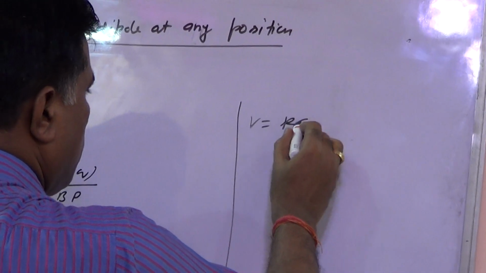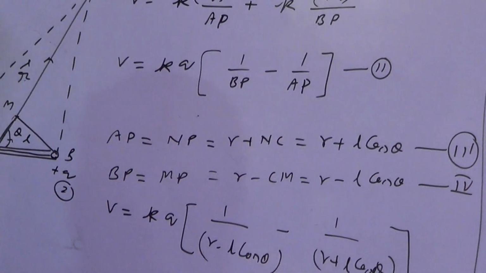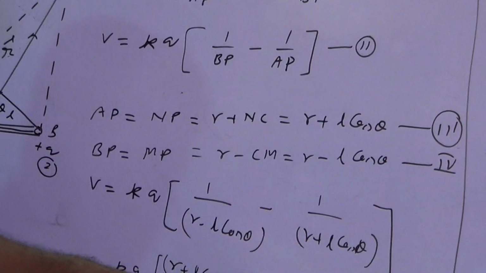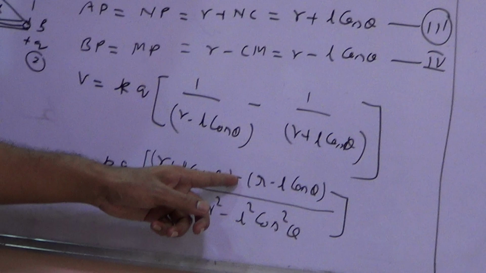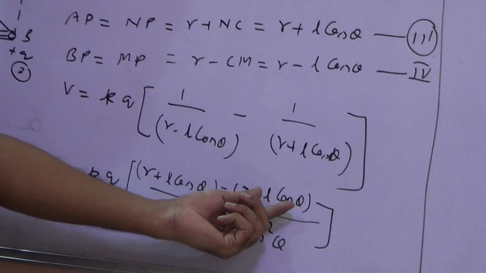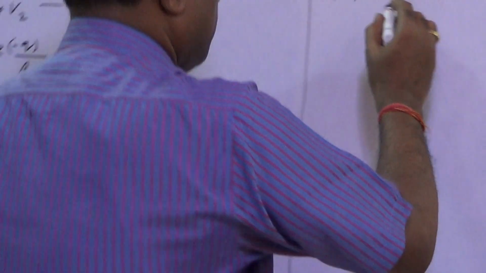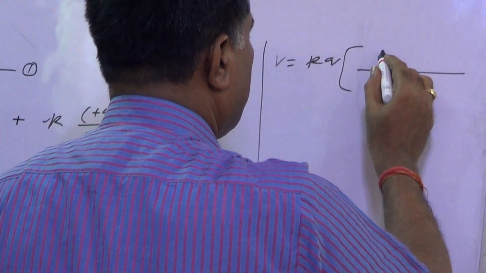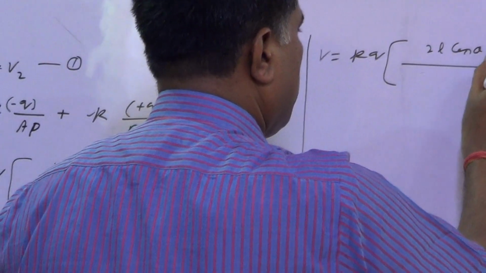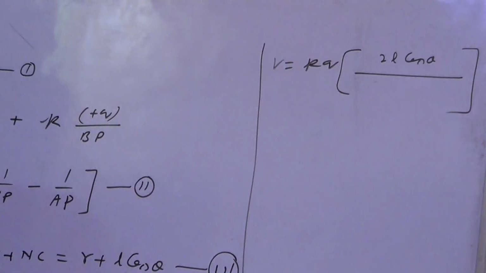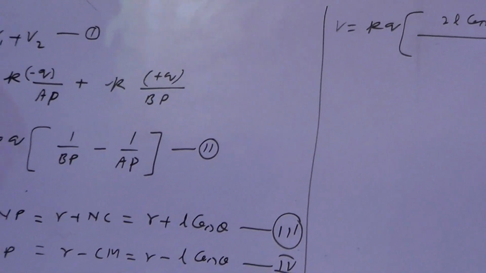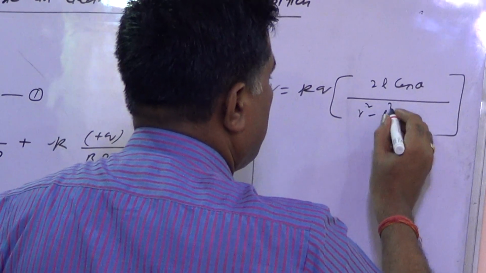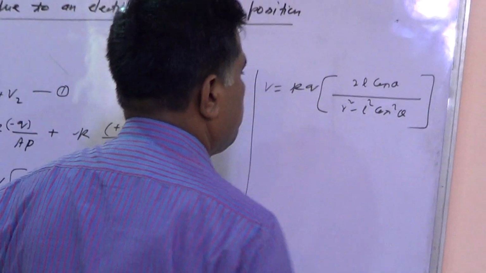V equals small kq. Because of the minus sign, R cancels with R, minus minus becomes plus. So L cos theta plus L cos theta will be 2L cos theta. Inside the bracket, in the numerator, 2L cos theta will remain. In the denominator, R square minus L square cos square theta remains the same.